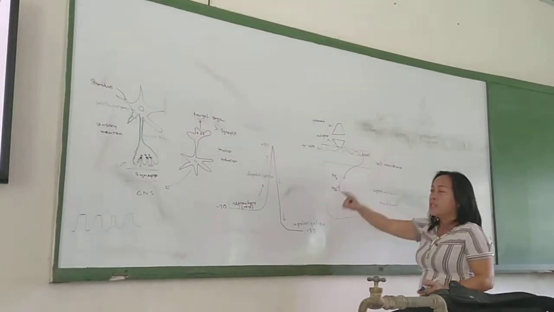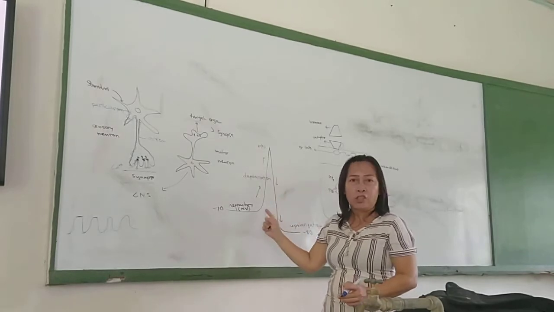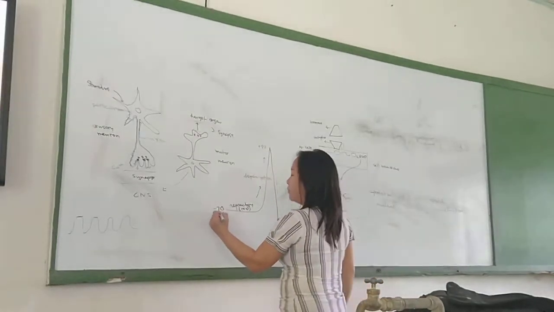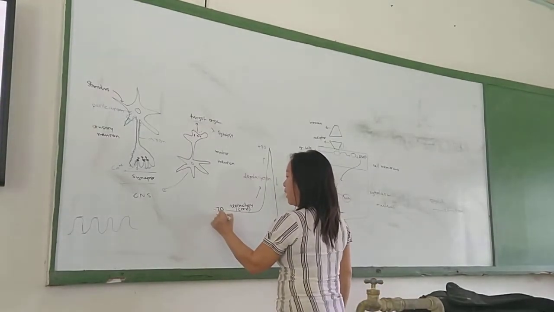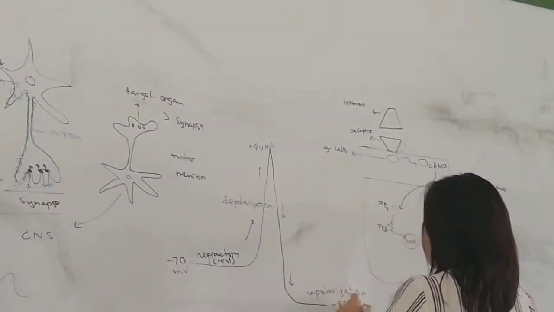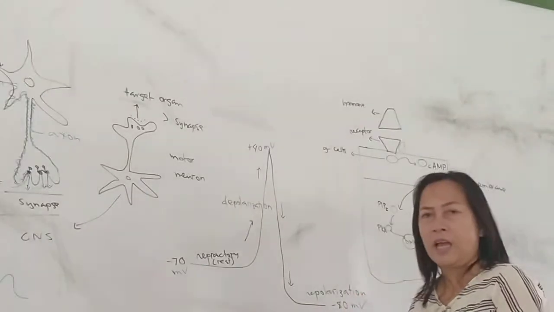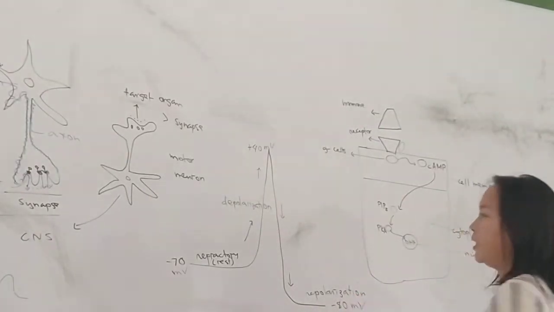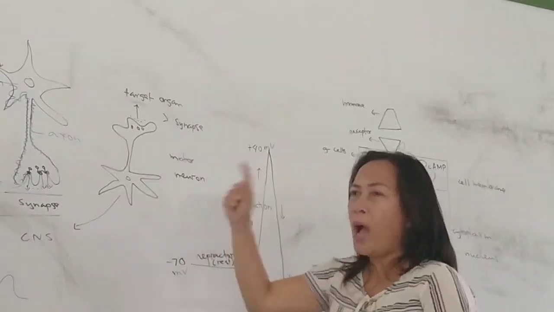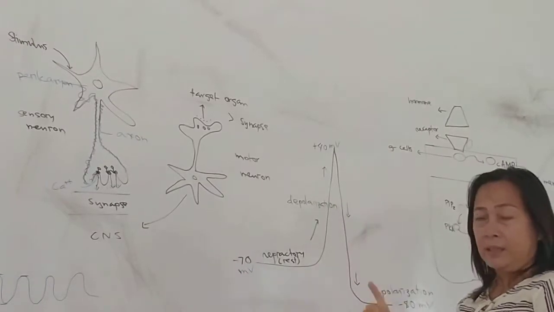This is the action potential. We say action potential, there is energy, and there is what we call voltage, in millivolts. Okay, so that is how a spike or a wave is created.